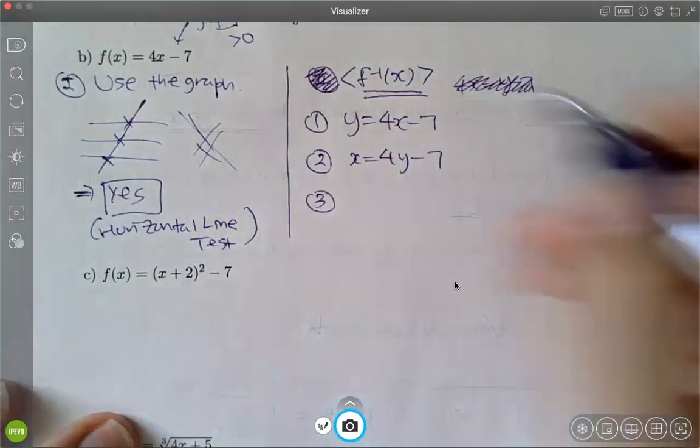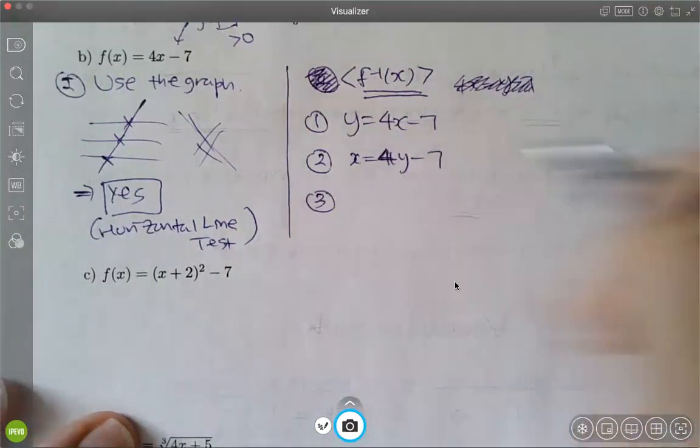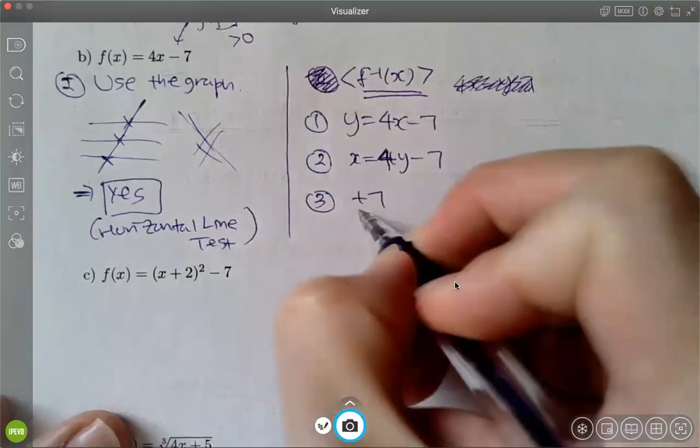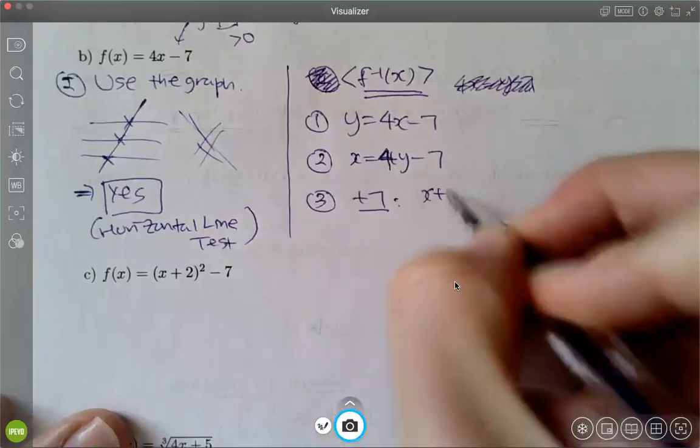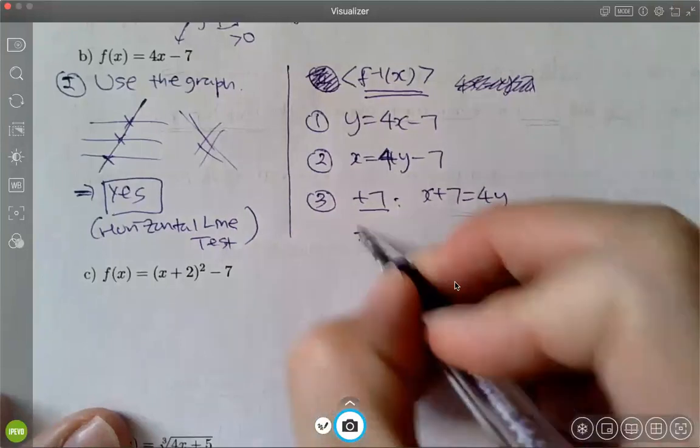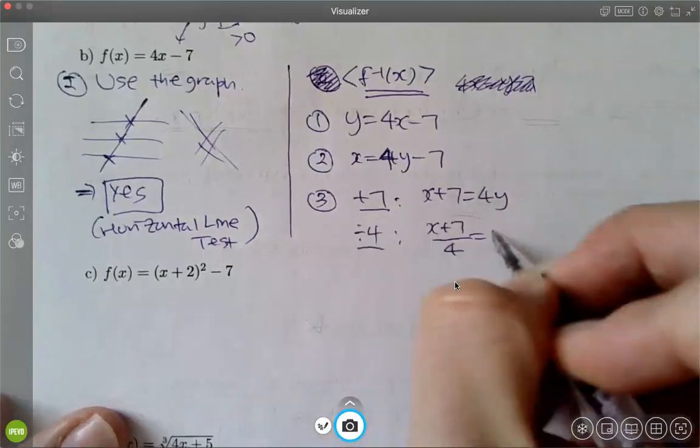There are 2 steps that need to be done to isolate y. What is the first step and what's the last one? Add 7 and divide by 4, right? Yes. So first add 7, so that means x plus 7 equals 4y. And then divide by 4, so that means x plus 7 all over 4 equals y.